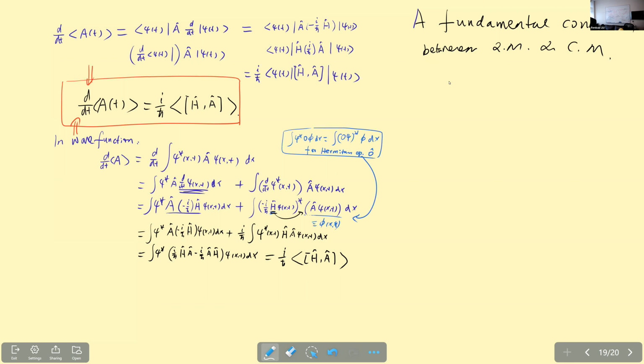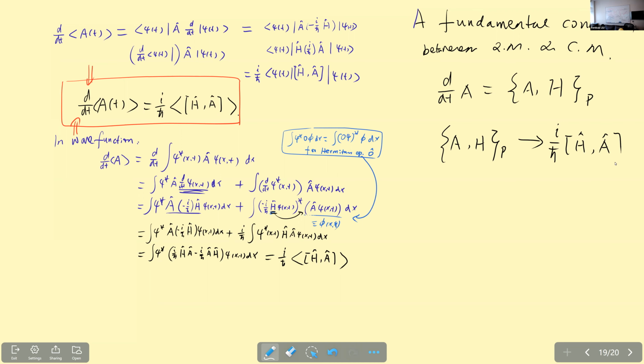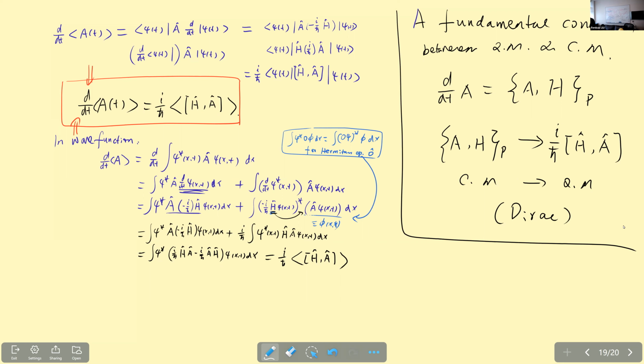Remember, in classical mechanics, we said d over dt of A equals A and the Hamiltonian Poisson bracket. So if we make this kind of change, the classical mechanics changes to the quantum mechanics. This was discovered by Dirac in 1925. So that's an extremely beautiful result.